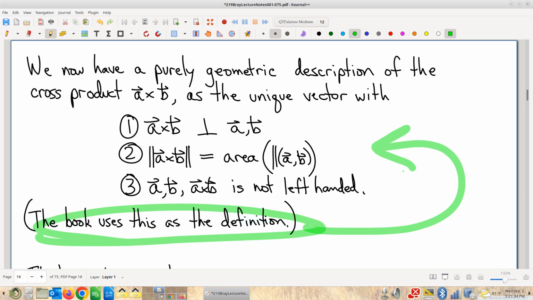The book says, let's define the cross product as the unique vector that has these three properties, and then they laboriously derive the formula that we started with, right? So there's two totally different ways of doing it, and there's other ways of doing it as well. They're also very cool, and every book, every instructor is going to have their preferred way of doing things. So anyway, I think that's kind of a neat feature.